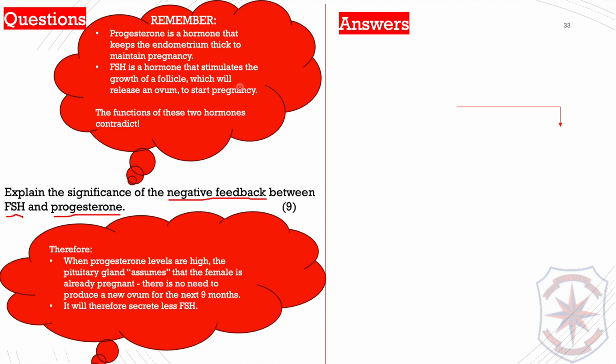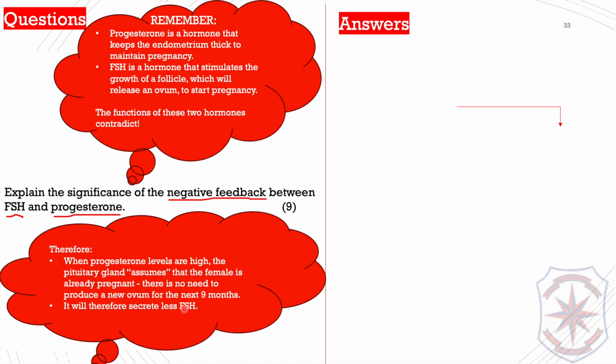Therefore, when progesterone levels are high, the pituitary gland will assume that the female is already pregnant. When the pituitary gland assumes that the woman is already pregnant, there is no need to produce a new ovum for the next 9 months of the pregnancy period.